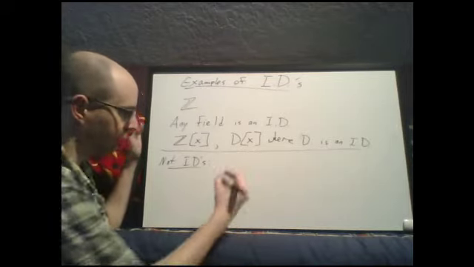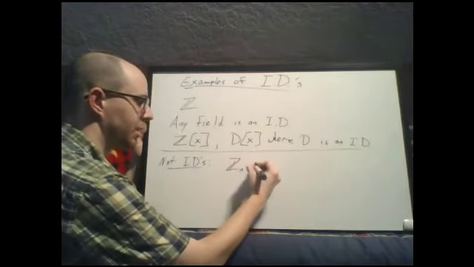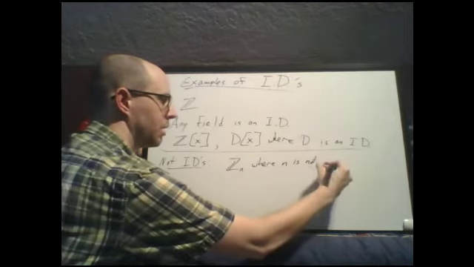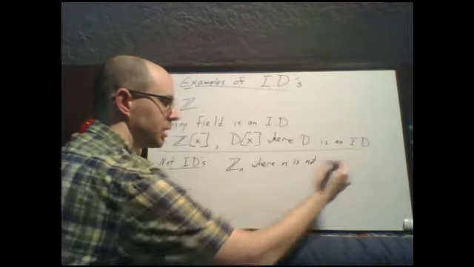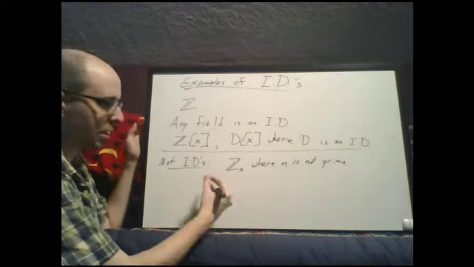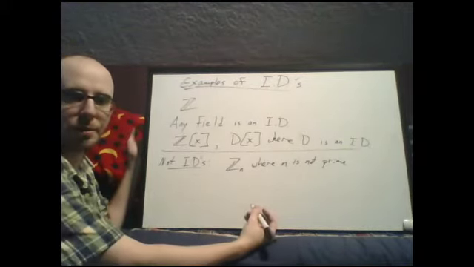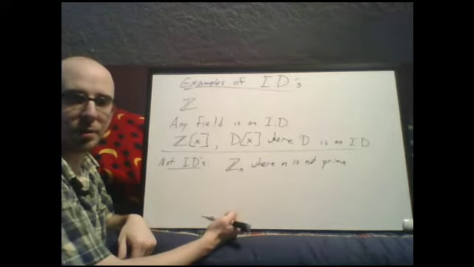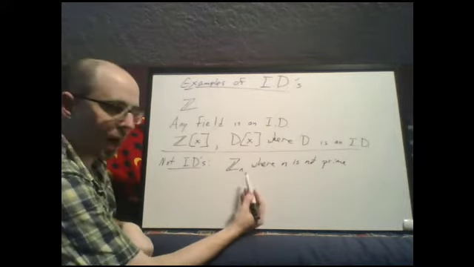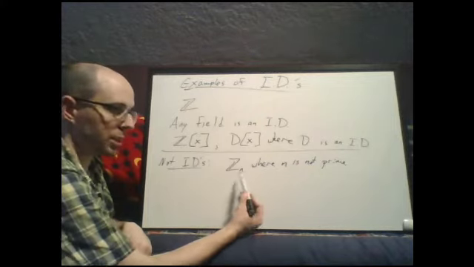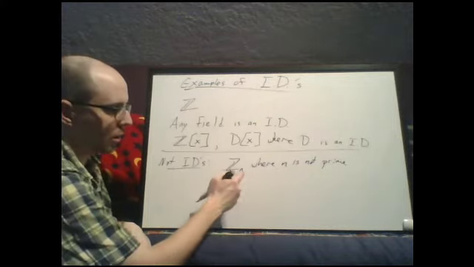So we have Zn, where n is not prime, like we did with Z6. If n factors as p times q, then p times q equals n, but mod n, that's 0. So in a non-prime mod situation, there will always be zero divisors that just come from factoring this modulus.